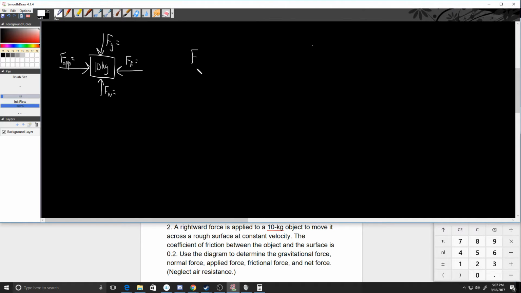The force of friction, sometimes you'll see it written like that, sometimes the whole thing, is equal to that little mu, Greek letter mu. Really what this stands for is the coefficient of friction.